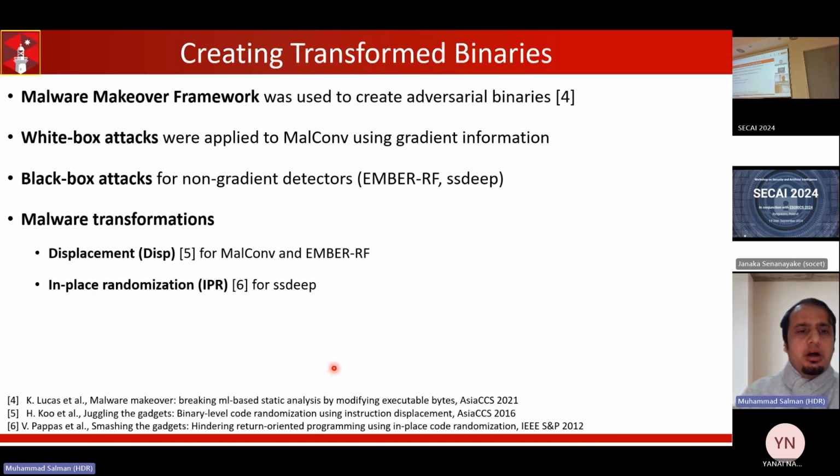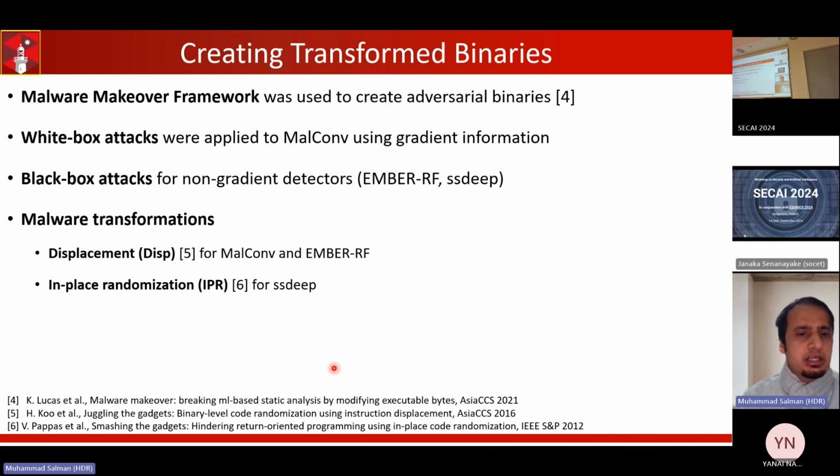We use two malware transformations during the white box and black box attacks. One is displacement, which relocates code segments within a binary and fills the spaces with jump instructions and semantic NOPs to modify the binary and maintain the same functionality.